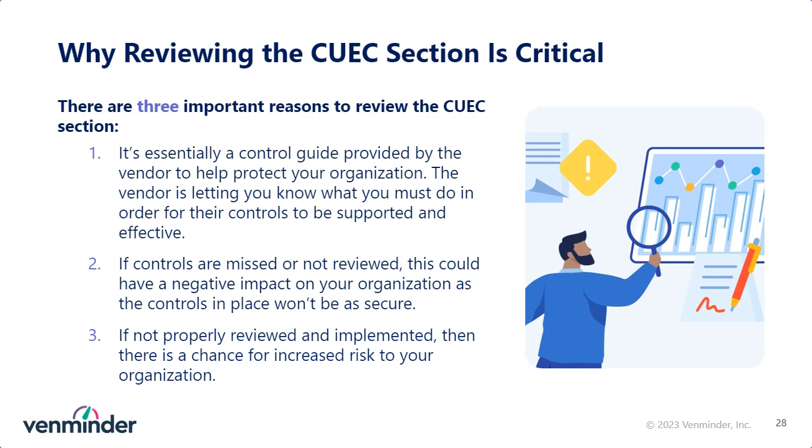If controls are missed or not reviewed, this could have a negative impact on your organization as the controls in place won't be as effective or secure. And if not properly reviewed or implemented, then there's a chance for increased risk to your organization. Number 4 that's not on here is regulatory compliance. Auditors and examiners want to know that you're following the CUEs.